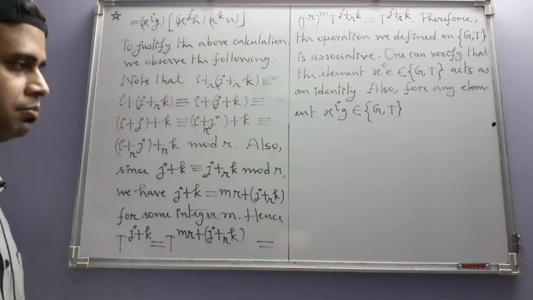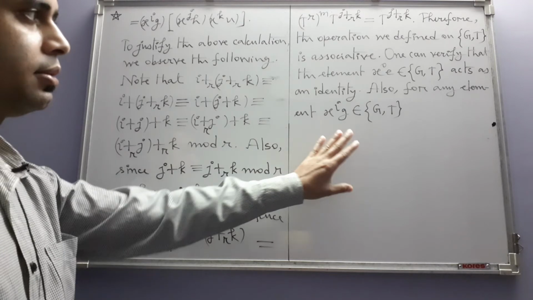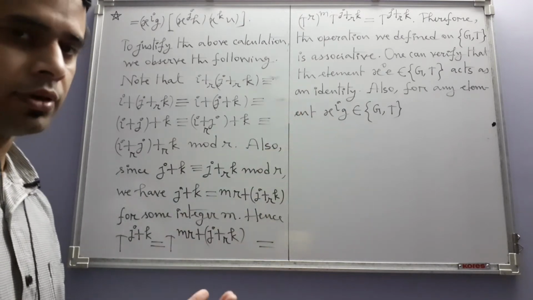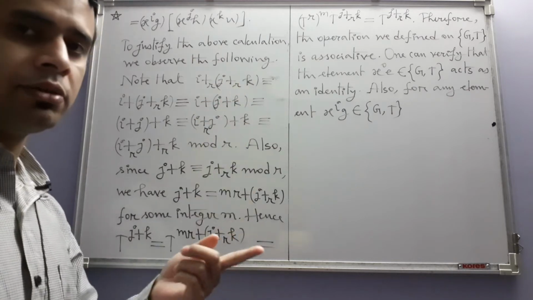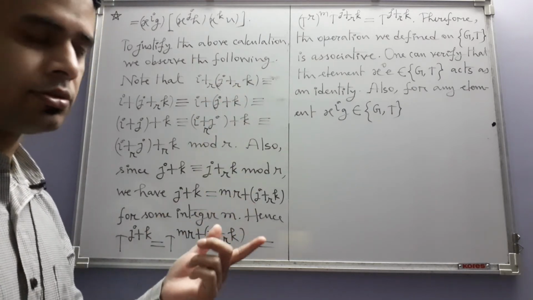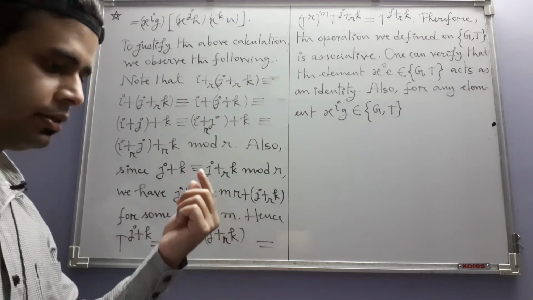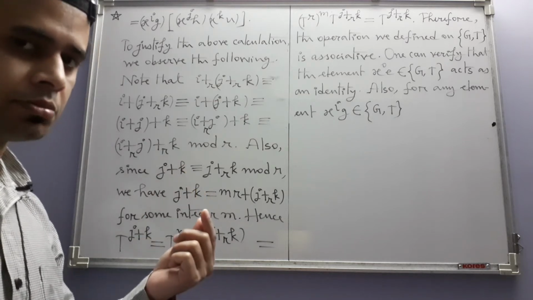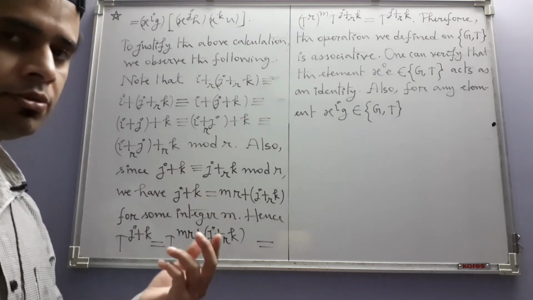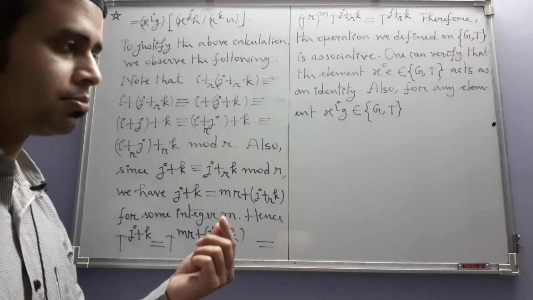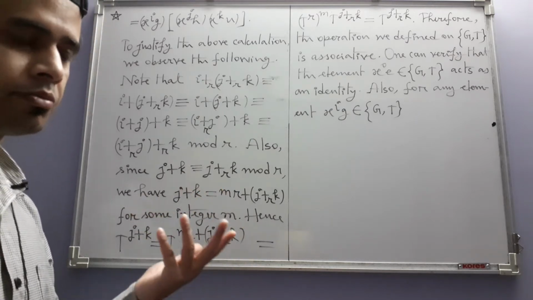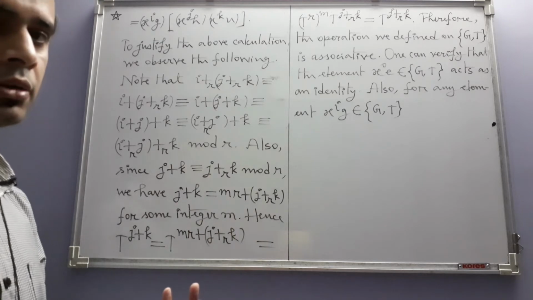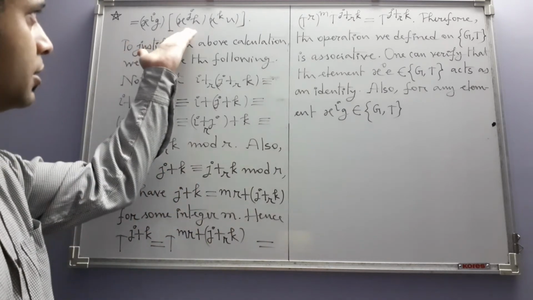Let me, before we write something else, again stress the fact that in the calculation where we showed that our operation is associative, the fact that T is an automorphism, or rather more specifically that T is a homomorphism, plays a crucial role, because otherwise we cannot complete the calculation and we will not get what we got here.